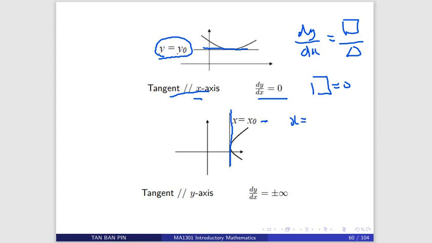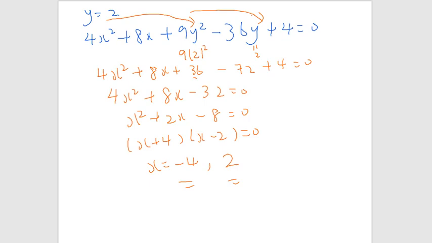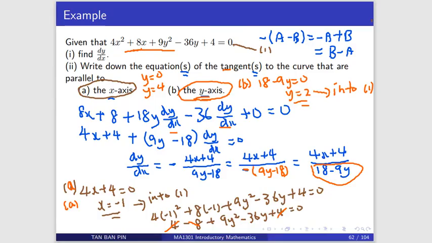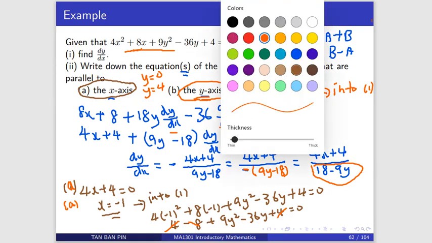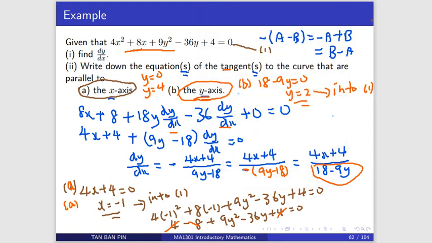So you have found two answers, minus 4 and 2. So the answer to B: one of the tangent lines is x equal to minus 4, and the other one is x equal to 2.